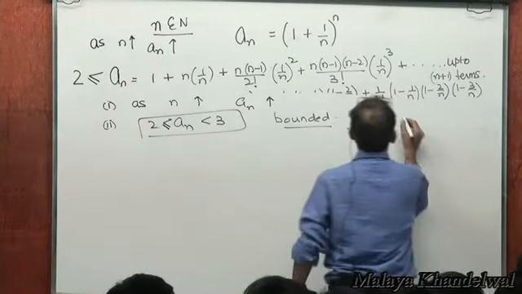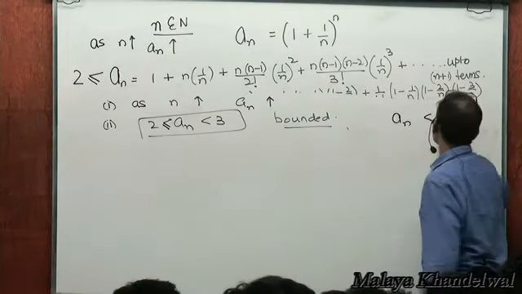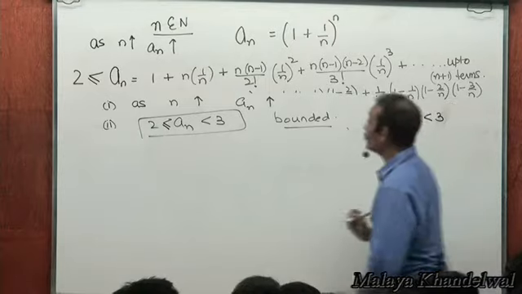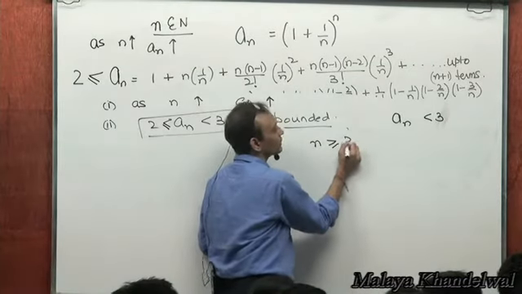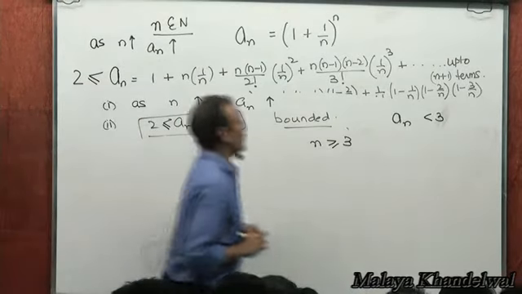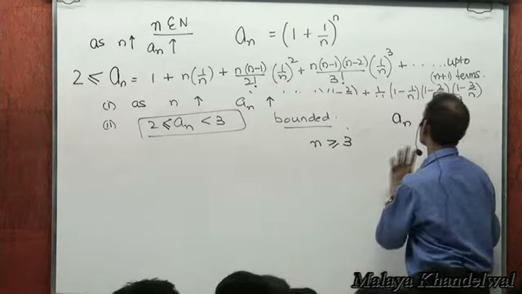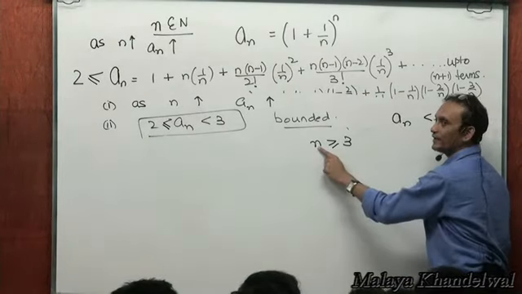See, an is always less than 3 for any n, right? Now, if I select a value of n greater than or equal to 3, I select a natural number n equal to 10, say, then which will be greater? An will be greater or n will be greater?